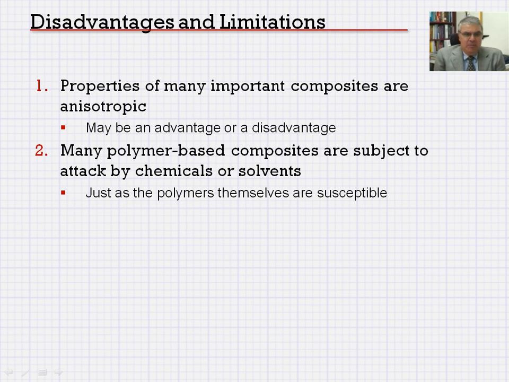For an anisotropic material, this is not the case. An anisotropic material does not have the same properties in every direction, in X, Y, and Z. That could be a disadvantage in some applications. However, it could be an advantage for many other cases, so it's important to understand that.